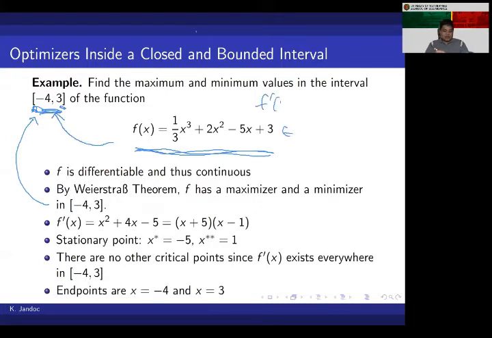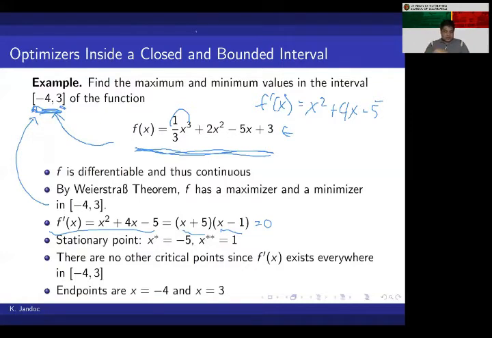So f prime of x, bringing down the exponent, is x squared plus 4x minus 5. Further factoring that, you have x plus 5 times x minus 1. Then you set this derivative equal to 0 to find the stationary points.